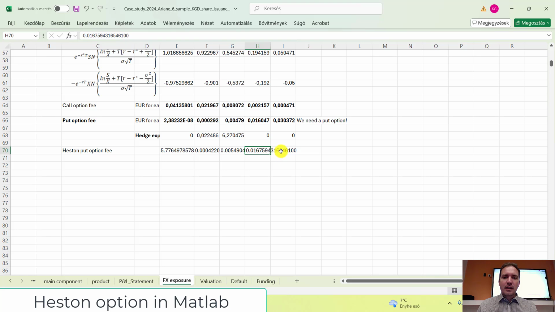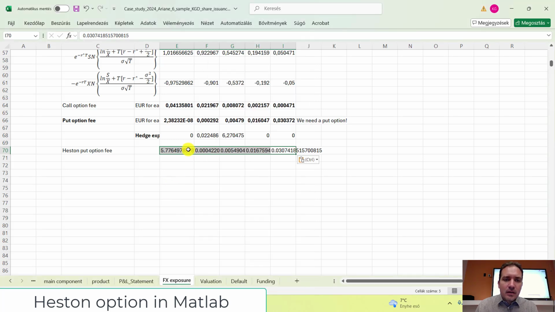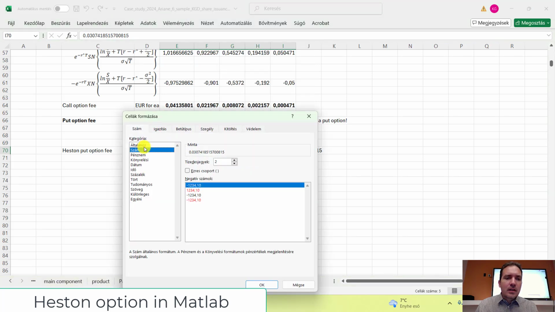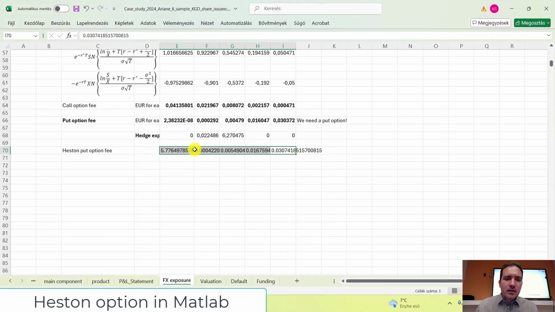Then we will get higher and higher values. Can we say that, okay, these are numbers, but 4 digits?